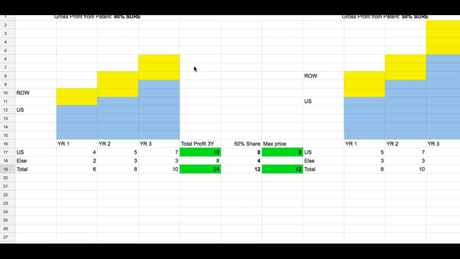So the maximum price would be 12. It could be even lower. We were talking about a fixed price, right?